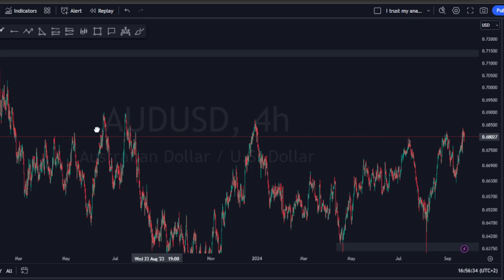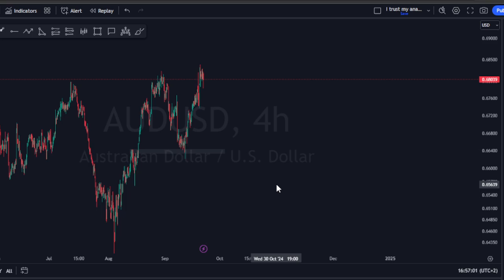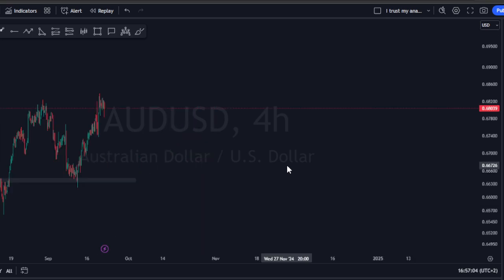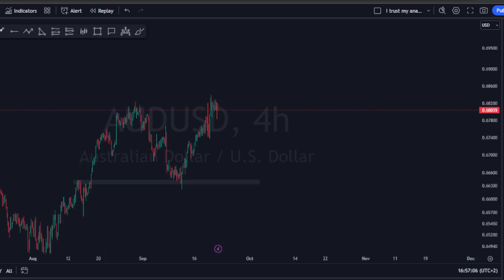So basically, our focus should be this low and that high. And as you can see, price is giving us break and retest here. I think now it's making sense for us to get trading opportunities.